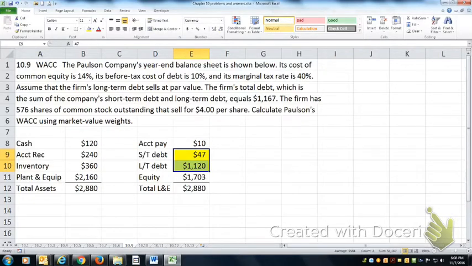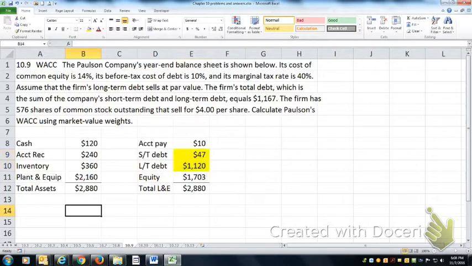While some of that debt might sell at a discount and some might sell at a premium, this is typically the shortcut we use on debt. It's close enough for government work. So we use book values for debt to come up with market values.